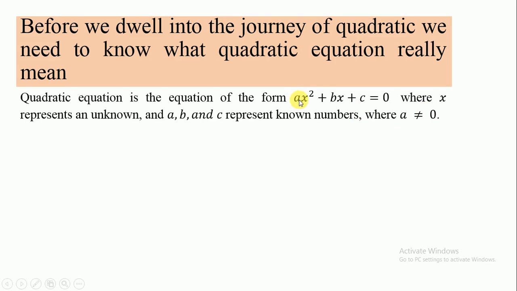So if a is 0, you have a linear equation. So any equation that looks in this form, having these terms, the quad term, the middle term, and the constant term, these are the quadratic equations, and there must be an existence of equality. So if I only have ax squared plus bx plus c without equals to 0, it means I'm having a quadratic expression.